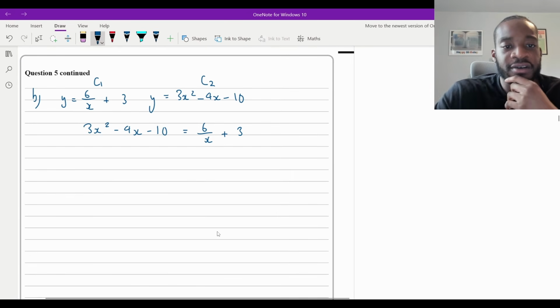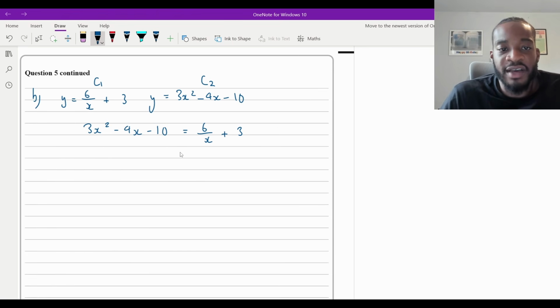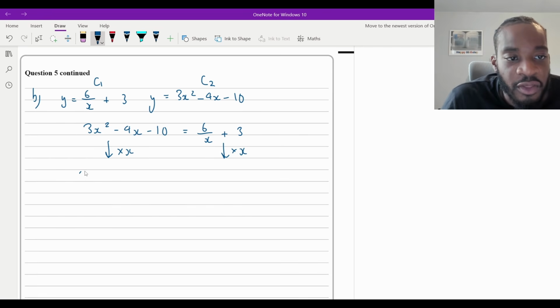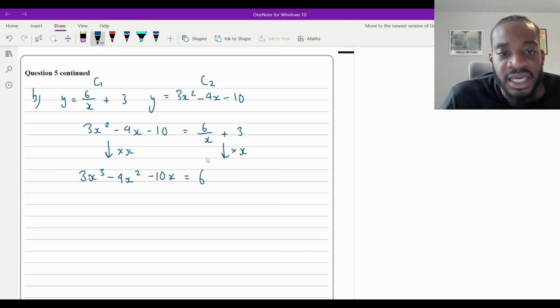So what I'm going to do first is multiply everything by x to get rid of that division by x on the right hand side. So if I times everything by x on this side and on that side, then it's going to be 3x cubed minus 4x squared minus 10x. And this will equal just 6, because the x is cancelled, plus 3x.